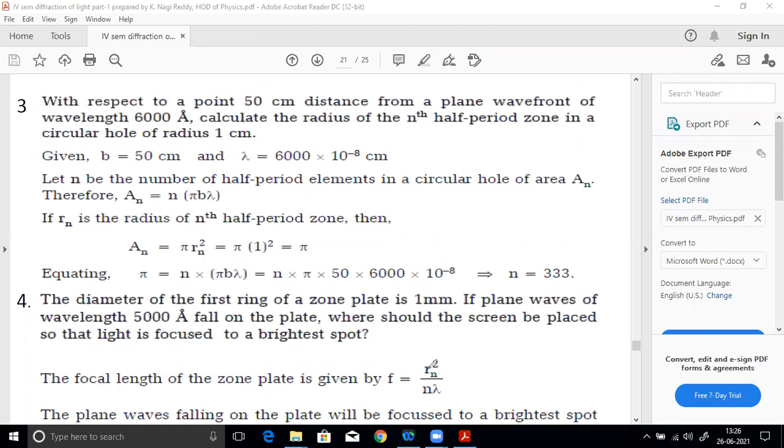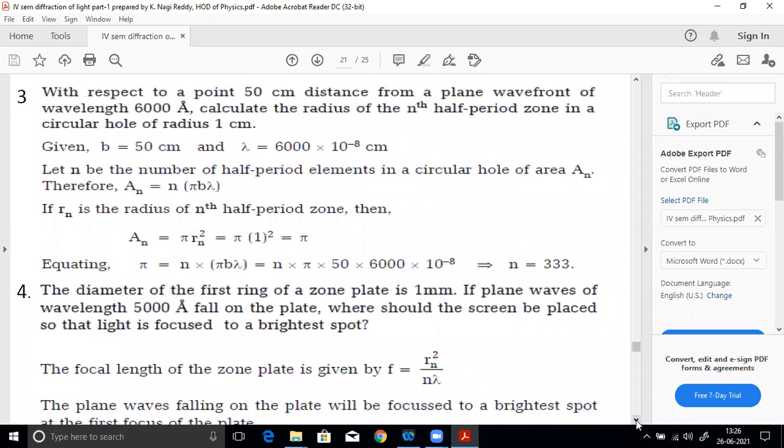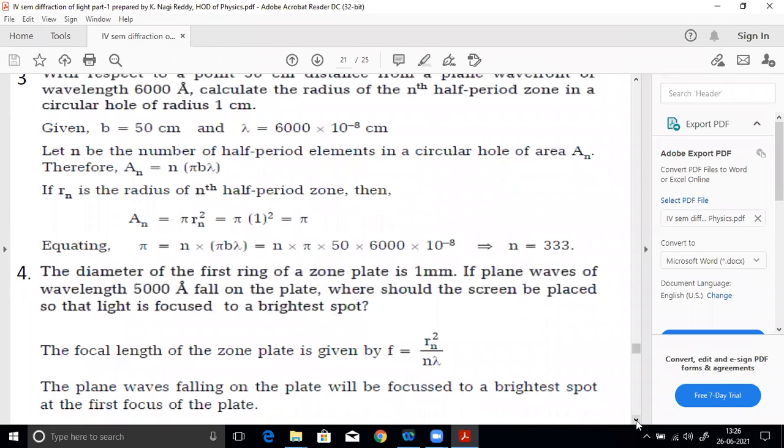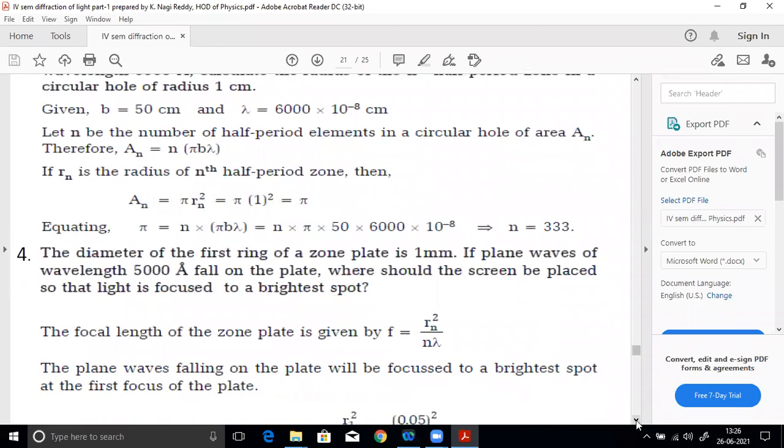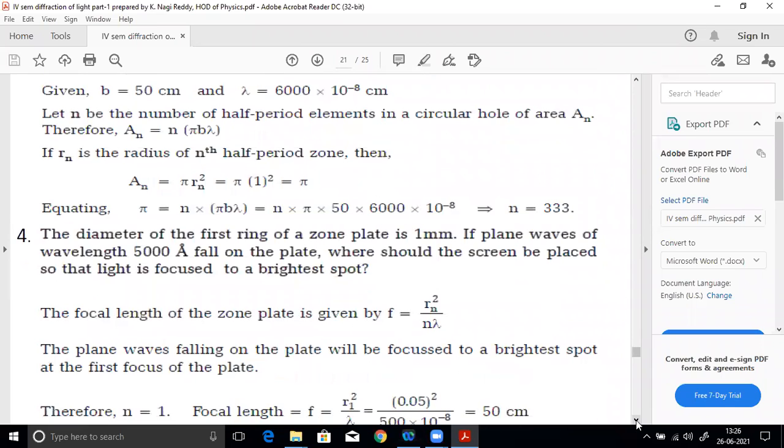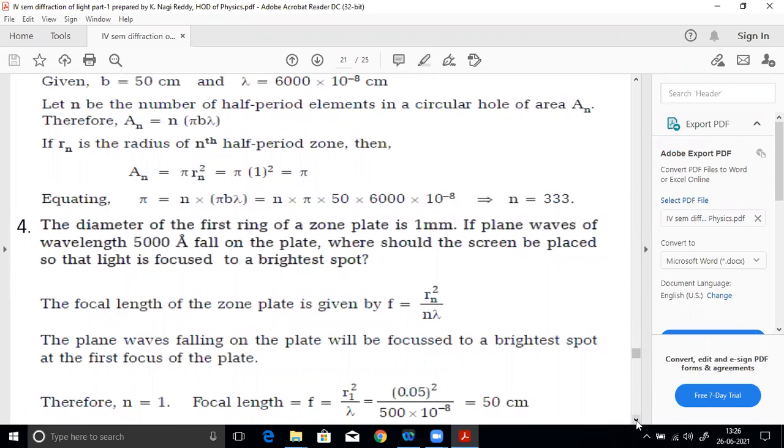So for that, what is given? This is also one of the important problems. The focal length of the zone plate formula is F is equal to Rn squared by n lambda. Brightest spot means you have to take n is equal to 1.